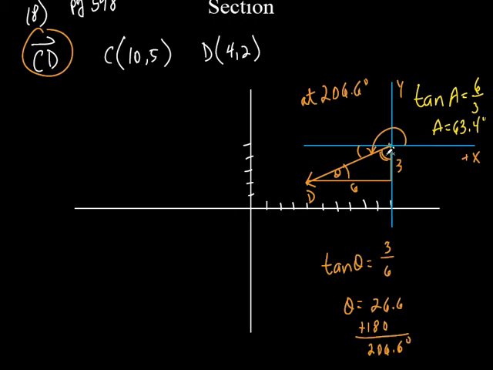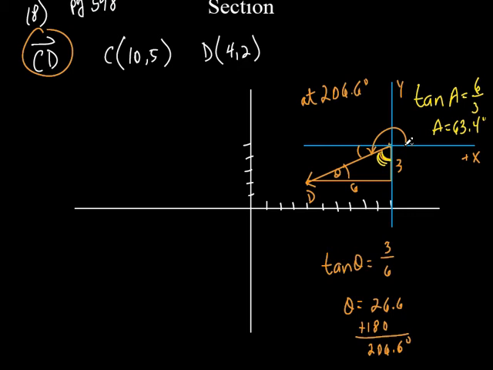Now here's a couple ways you could do it. Watch. Since that angle right there is 63.4, you could take it away from 90 to get this, and that would be your 26.6. Then you add it to the 180. That's like 2 steps. Or you could just do this.